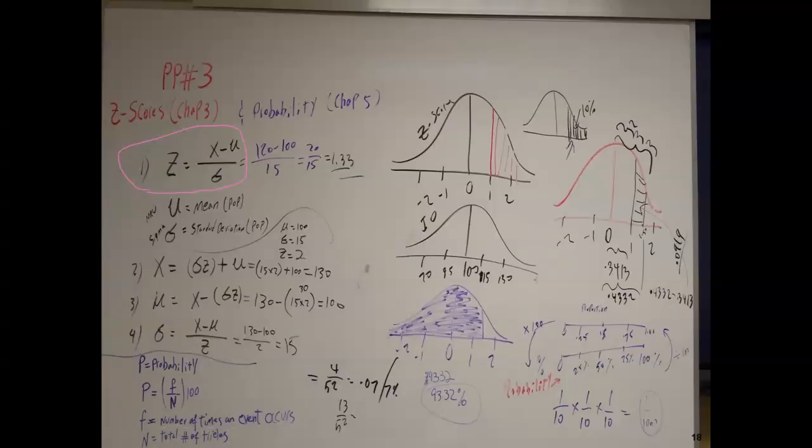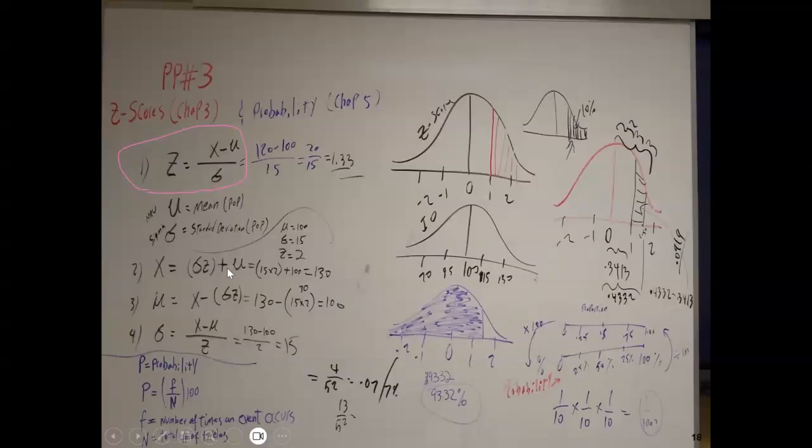But what if we wanted to know x, what the score is? Then I give you the z-score, the mean, and the standard deviation. Then, as you can see, formula 2, which is sigma times z in parentheses, means you multiply those two.